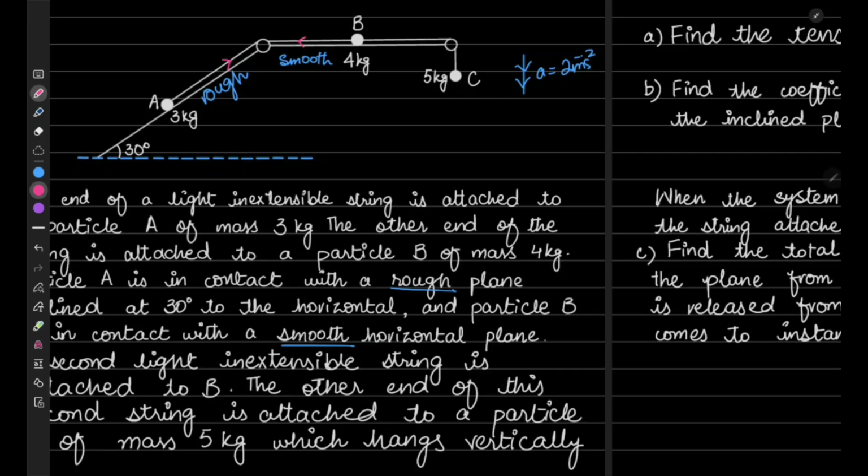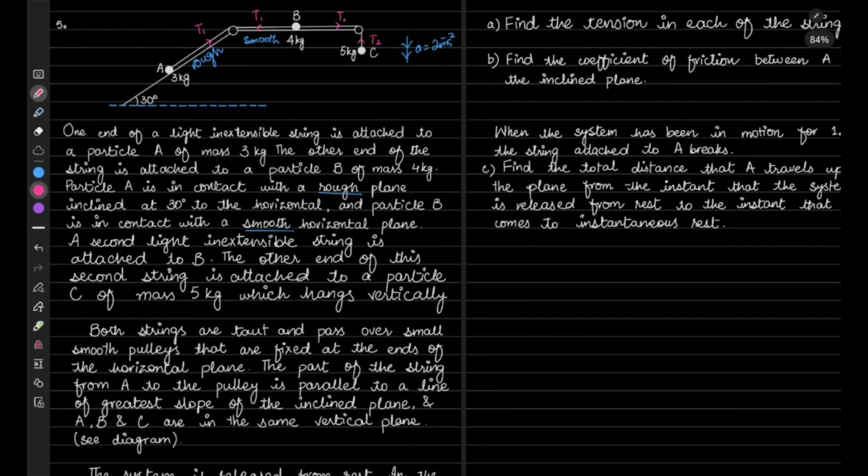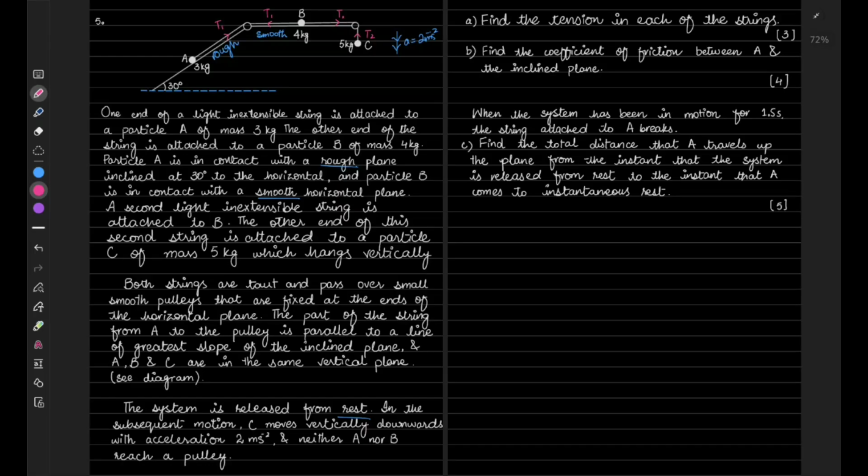Point of observation means the particles are our point of observation, and this will be one pair of tension because they are sliding on the pulley, so we take them to be one, and there will be another pair of tension because it is attached with some particles, so here is a break in the string. Now these two tensions will be similar. Okay, now we need to find the tension.